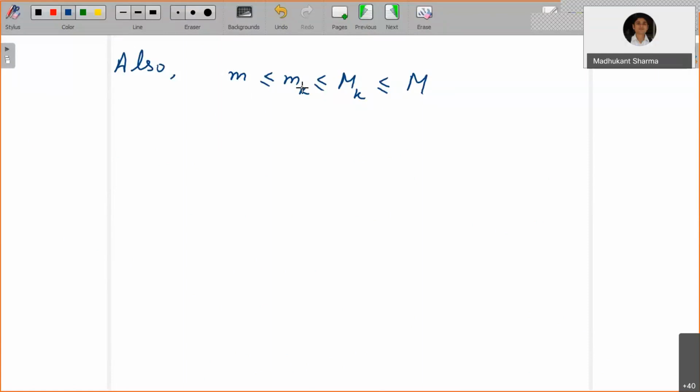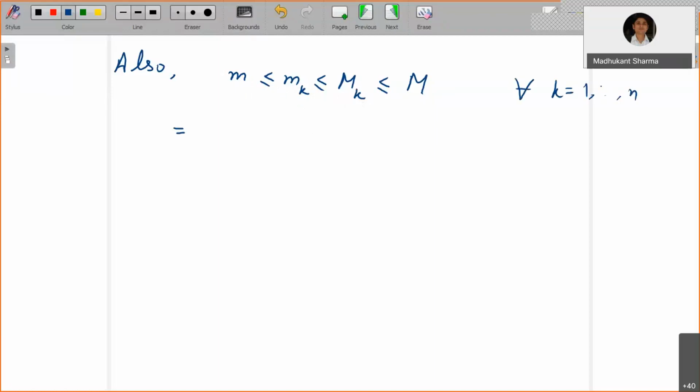Infimum is an increasing function if you recall, and supremum is a decreasing function if you take the part of it. So small m is less than or equal to small mk, less than or equal to capital Mk, less than or equal to capital M for all k equals 1 to n.